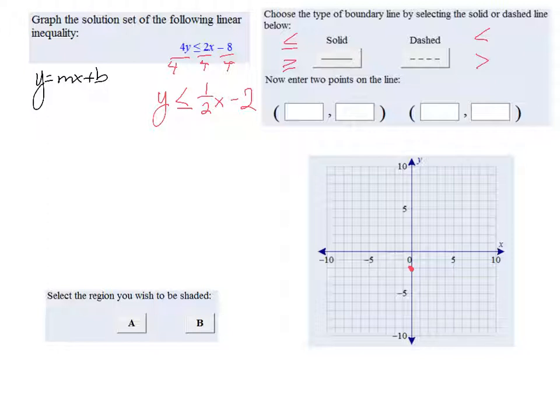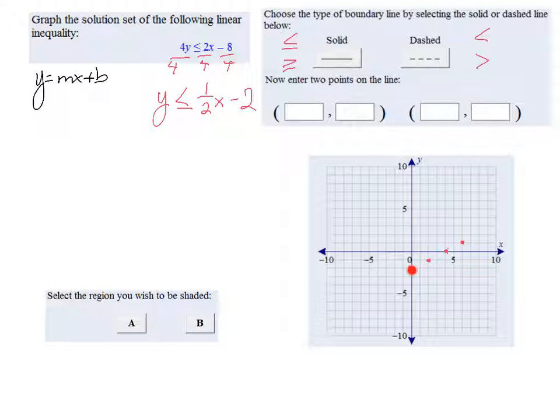Now I could sit there and do that over and over. Rise 1, run 2. Rise 1, run 2. And that makes it easier to see that linear pattern. But they really just want me to list 2 points. I can pick any 2 points as long as they work for this line, and it's going to get accepted.